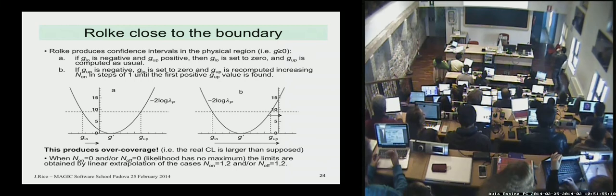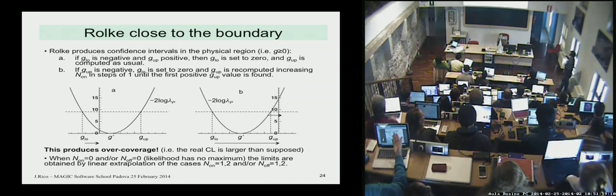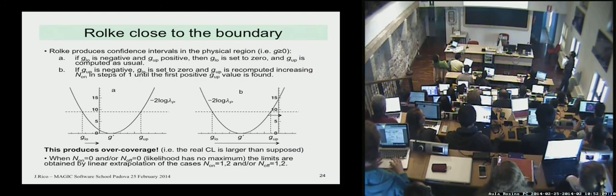Well, Rolke also, for the definition of the limits, offers another possibility that I don't think we are using, which is to say that we don't consider at all any value outside of the physical region.